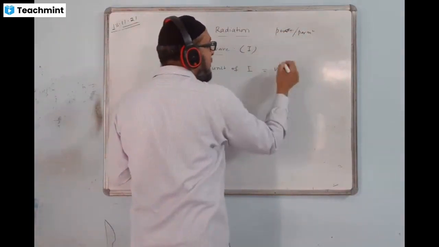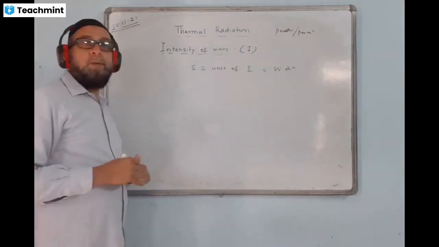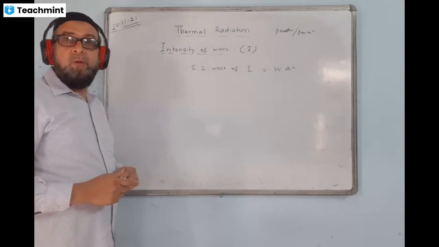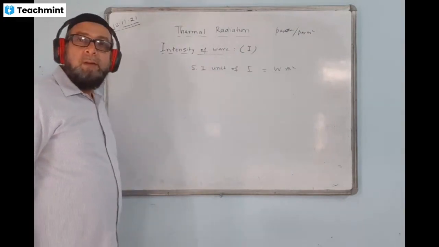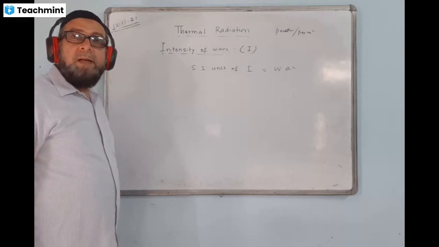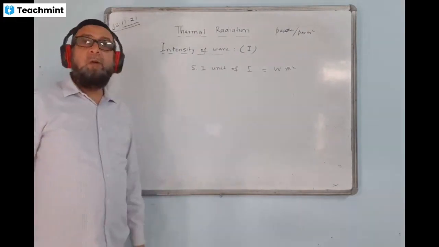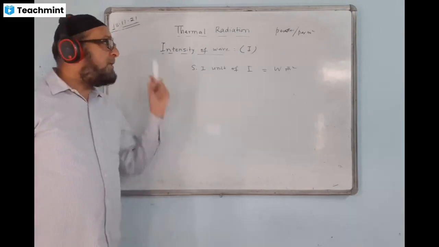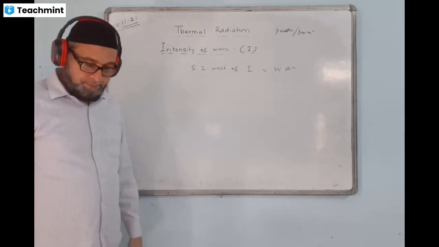Per second will make watt and meter square will become m^-2. Watt per meter square or W m^-2. That is the SI unit of intensity. So please keep in mind, intensity always means the amount of energy transported per second per unit area.